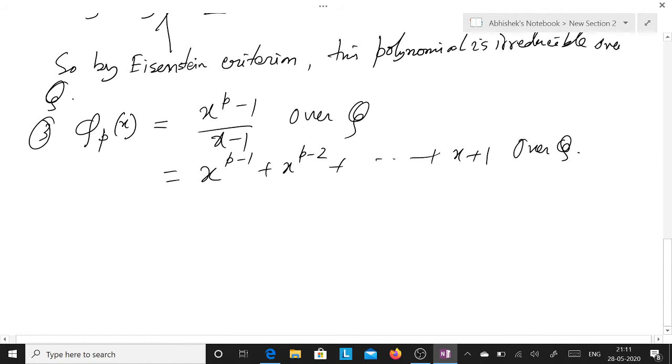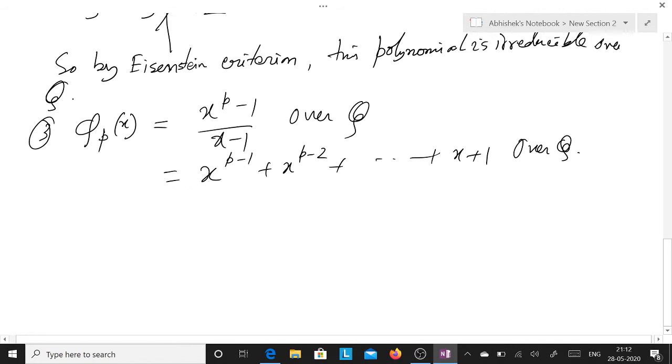Now here, if you are to show that this polynomial is irreducible over Q, and if you are to invoke the irreducibility test due to Eisenstein, then you will see that the coefficients all are 1.